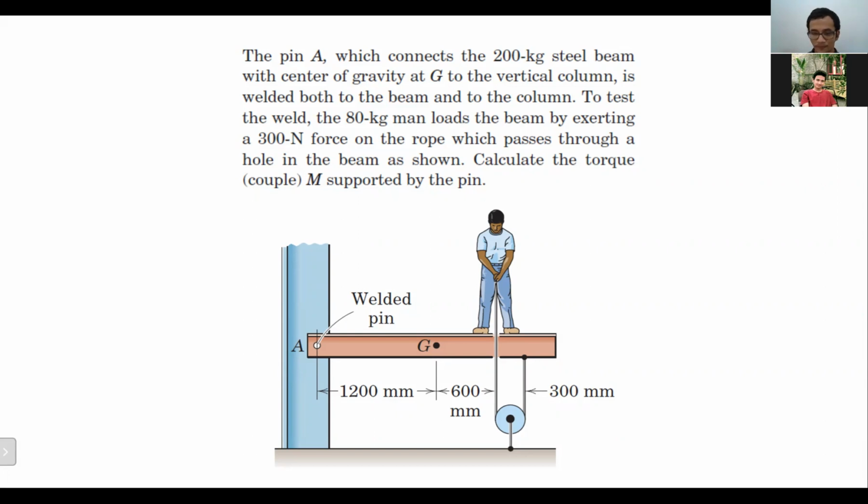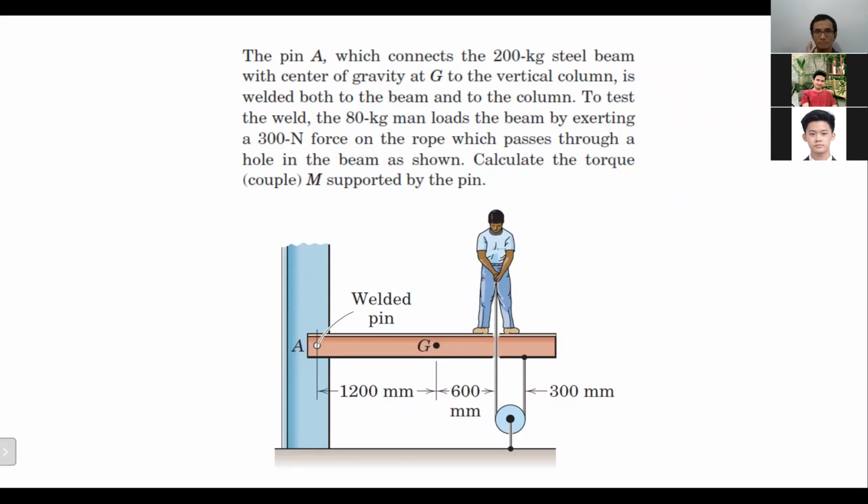For me, it's trying to understand that the weight 1,800 millimeters away from A is 1,100 Newton instead of just 800.